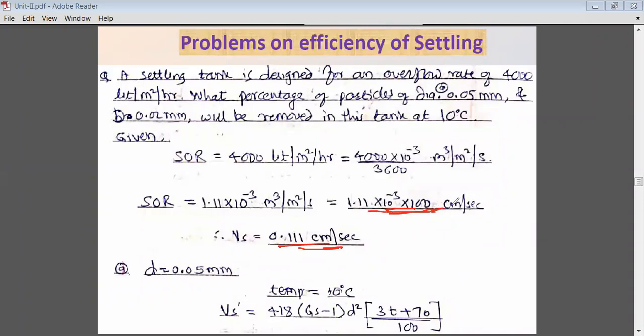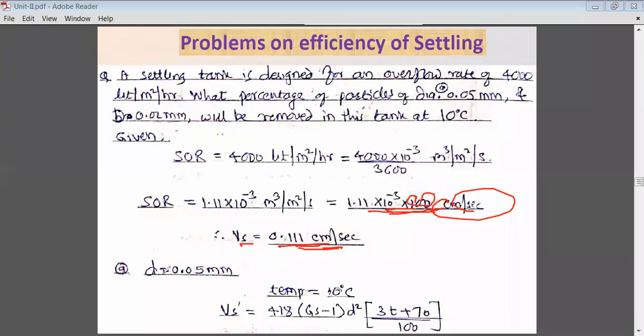So directly it is converted here to centimeter per second by multiplying it by 100. So we got the settling velocity in ideal condition as 0.111.